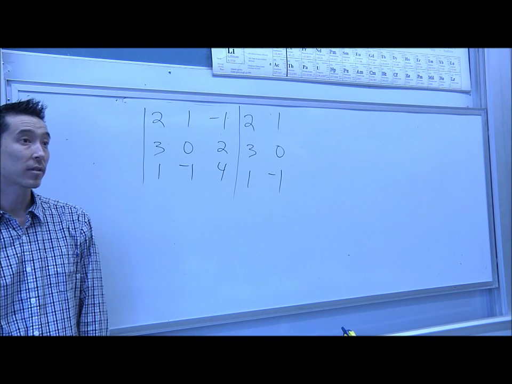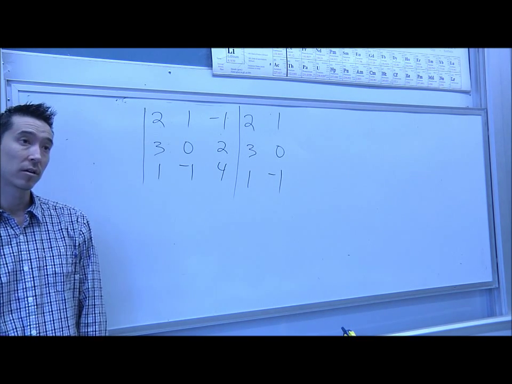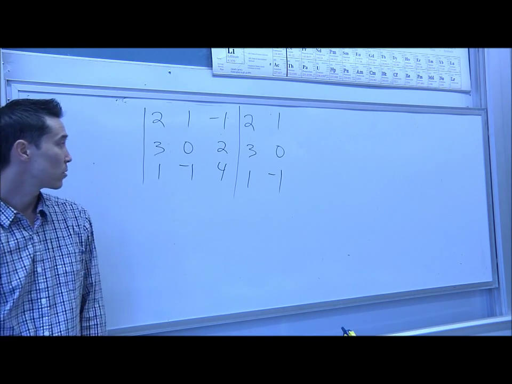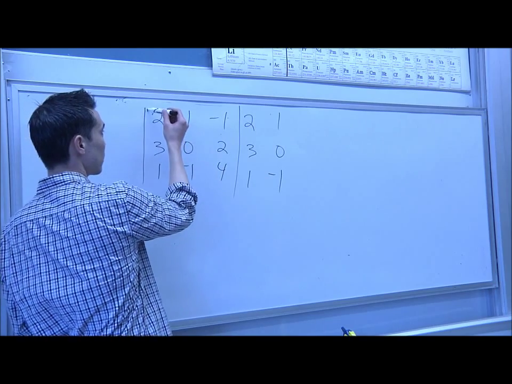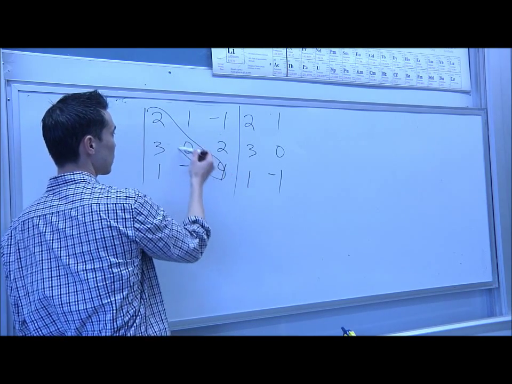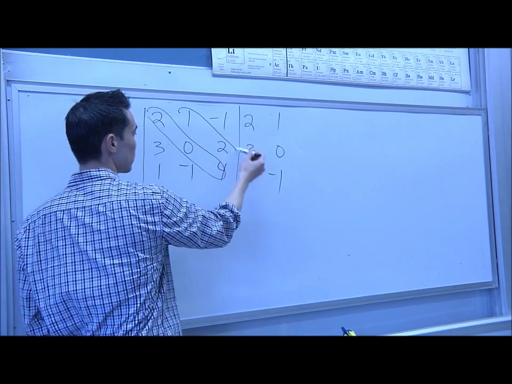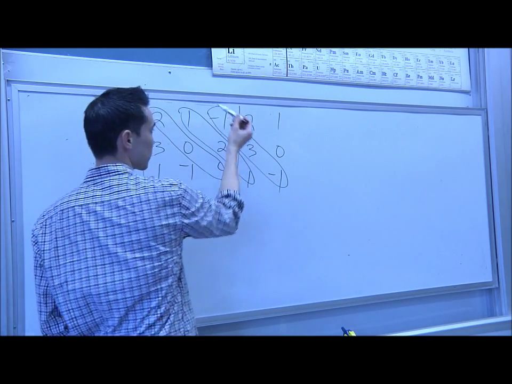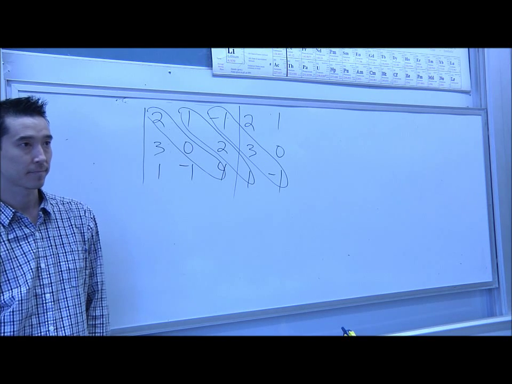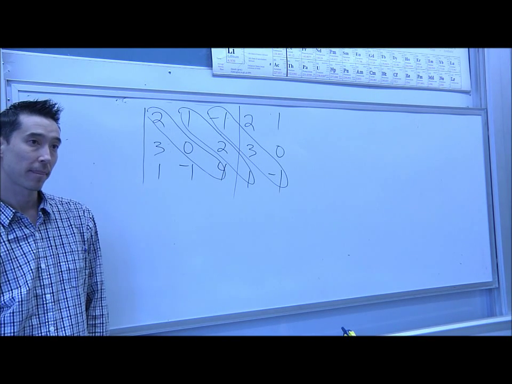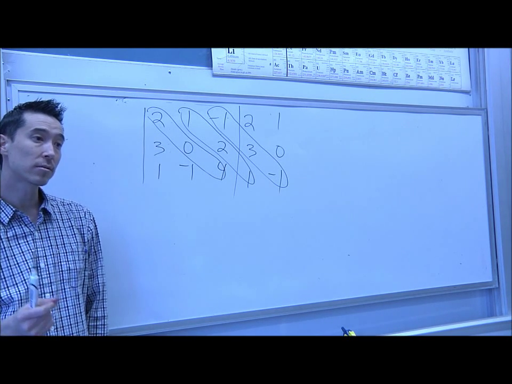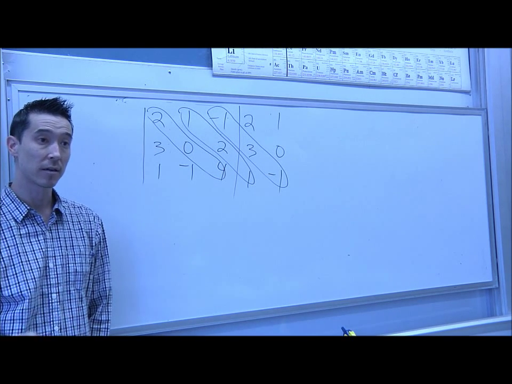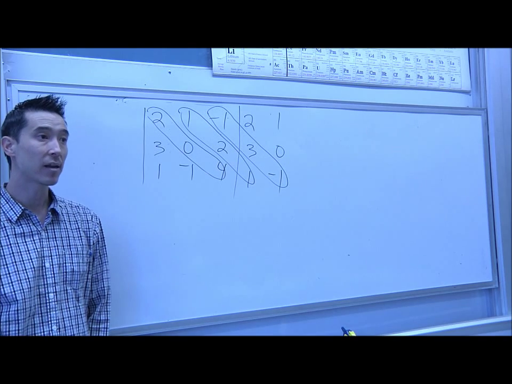Now, starting with the top left corner, we're going to form 3 diagonals. Okay? So starting here on the top left, there's 1 diagonal, 2, 0, 4. There's another diagonal, 1, 2, 1. And there's another diagonal, negative 1, 3, negative 1. Okay? There's only 3 possible. Now, in those 3 circles that I've made, your job is to multiply those numbers together and then add them.